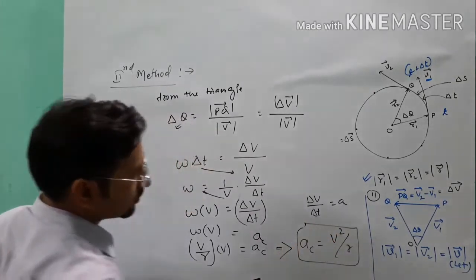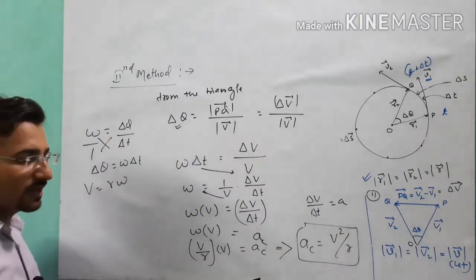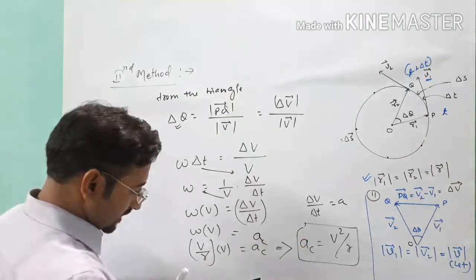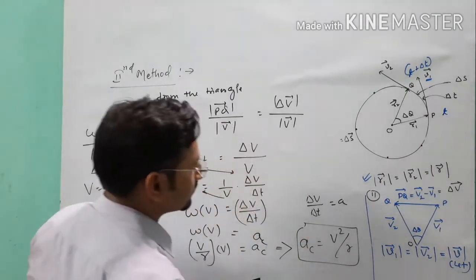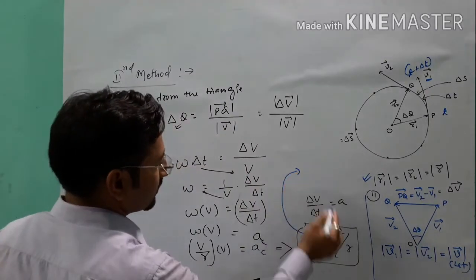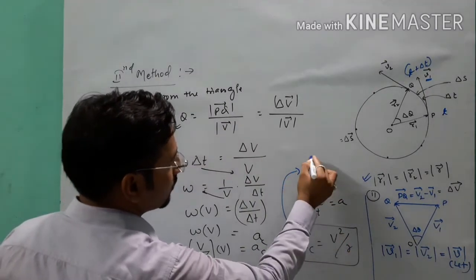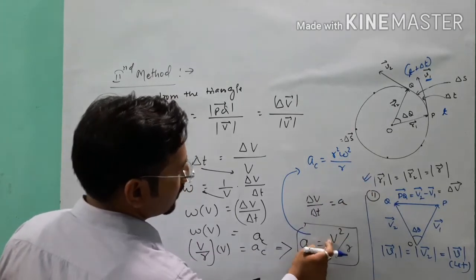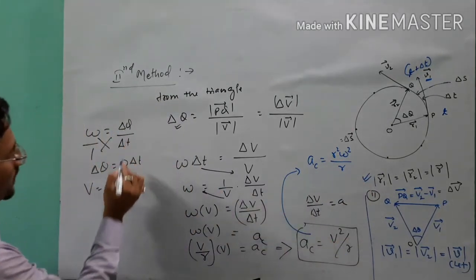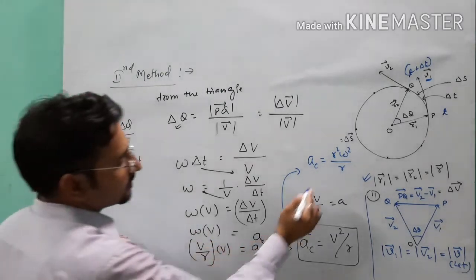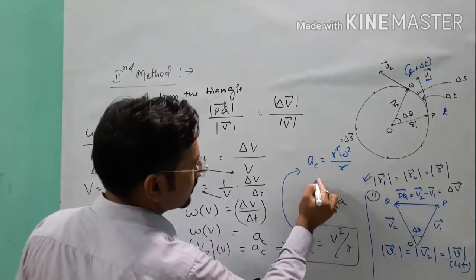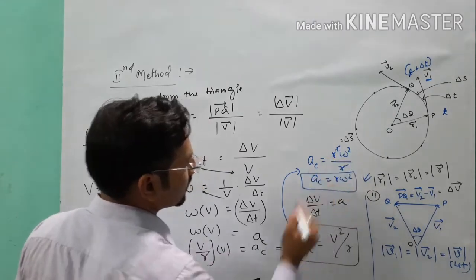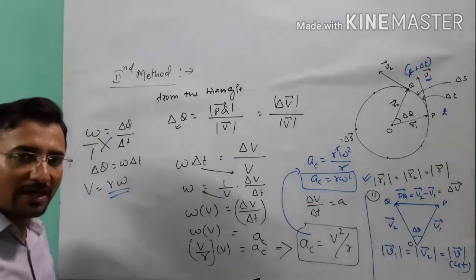This is the value of centripetal acceleration, and if you want to write this relation in terms of omega, if you substitute v is equal to r omega, then AC is equal to r square omega square over r. The final formula will be AC is equal to r omega square.